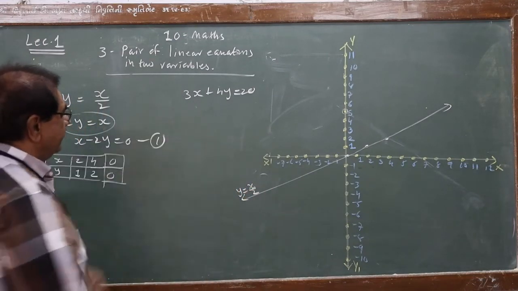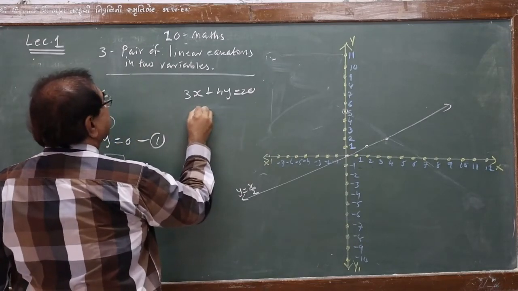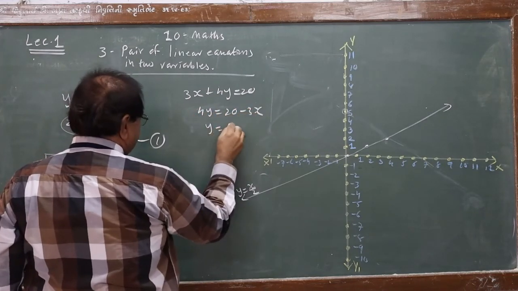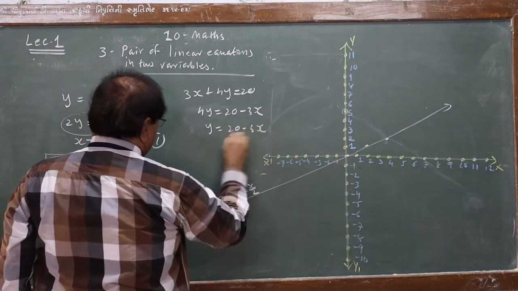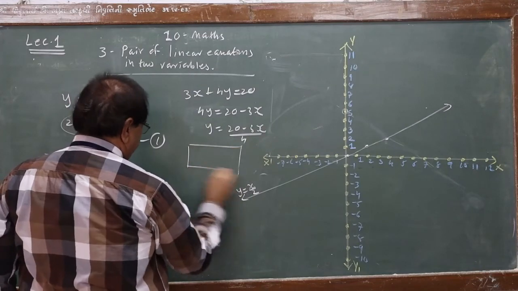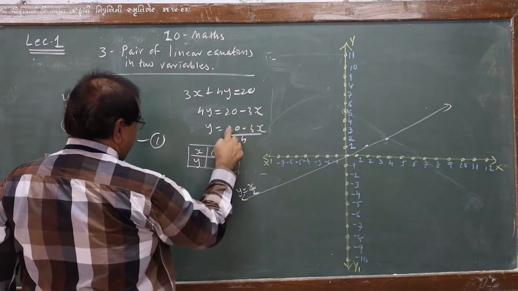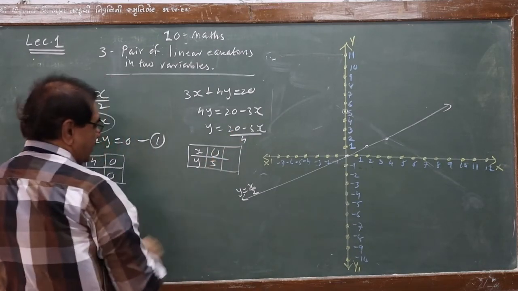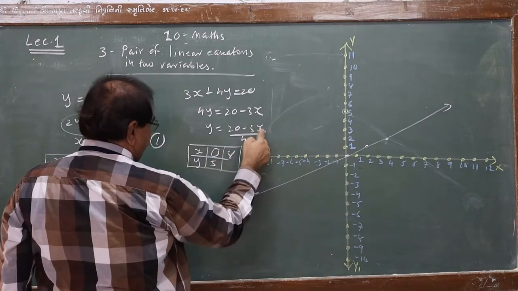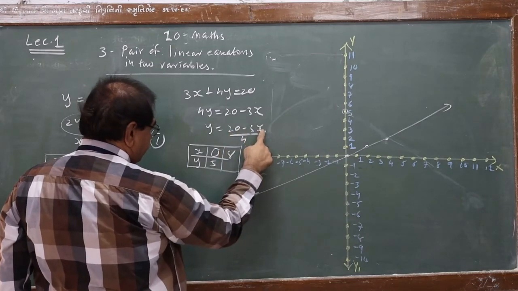Now for this one, we have plotted 2 points, but no problem, I do one more. So 4y is equal to 20 minus 3x, y is equal to (20 minus 3x) whole upon 4. So for x, I take 0, then 20 upon 4 is 5. For x, suppose I take 8. 3 eights are 24. So 20 minus 24 is minus 4.